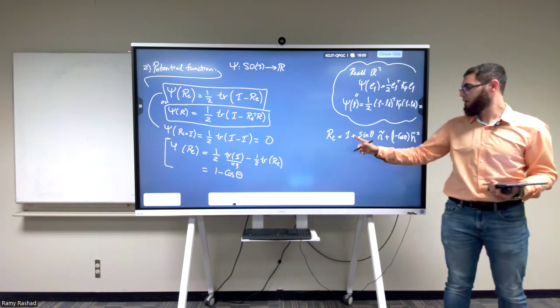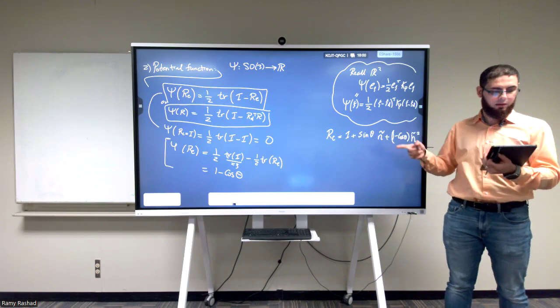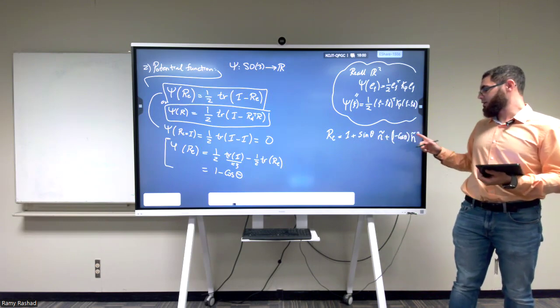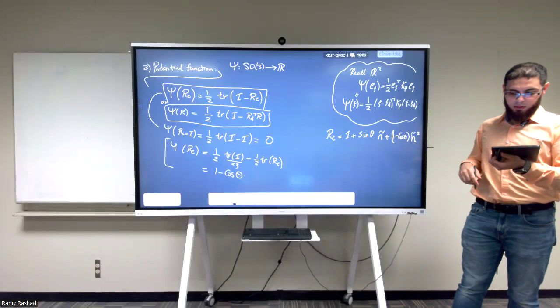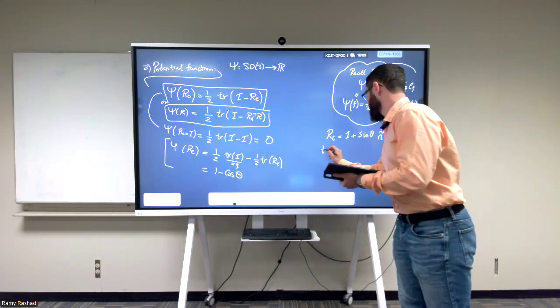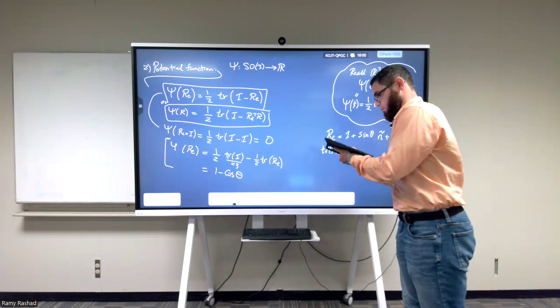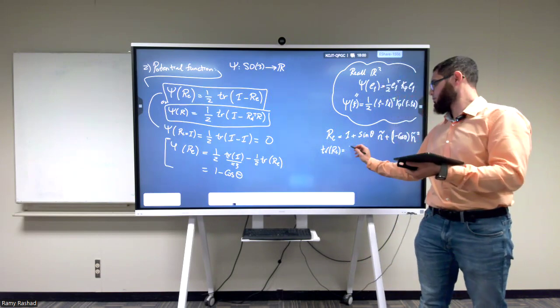So I had identity plus sine of theta multiplied by the skew-symmetric version of this unit vector, plus 1 minus cosine theta multiplied by the skew-symmetric matrix squared. Let's take the trace of R. You can show that the trace of identity is 3.